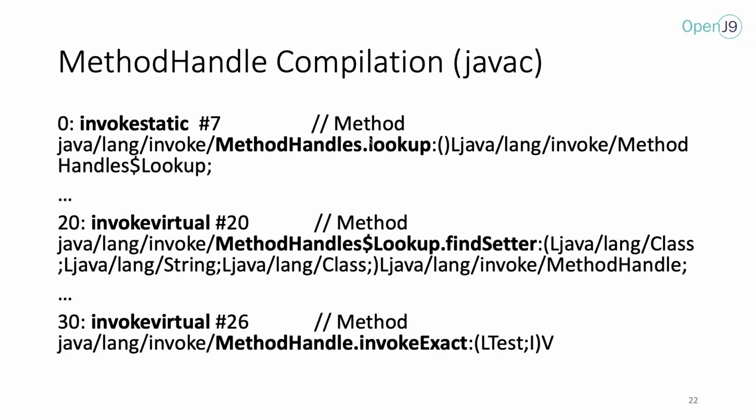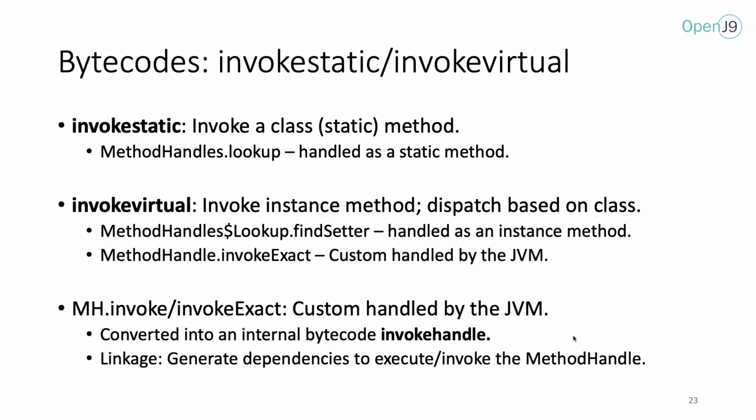And then invokeExact is also an invokevirtual. Invokestatic is used to invoke a static method, and in this case, MethodHandles.lookup is a static method, which is why we use that. And invokevirtual is used to invoke an instance method, and lookup.findSetter is an instance method, so invokevirtual is used.